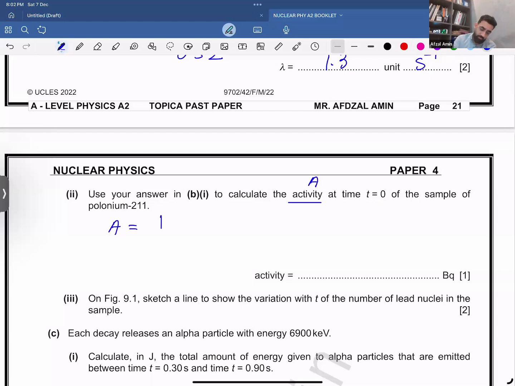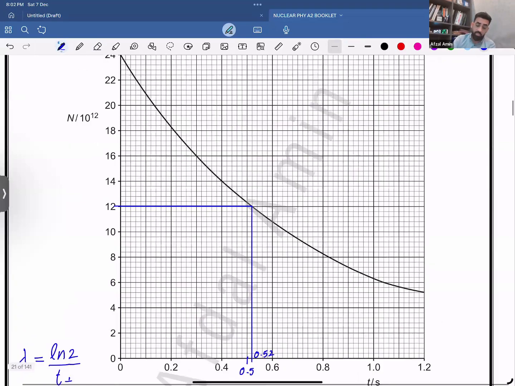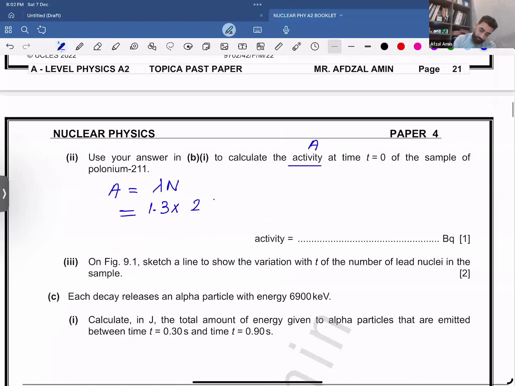A is equal to lambda n. Lambda you found 1.333. They say use the answer. N is the 24 into 10 power 12. Calculate, my dear students.